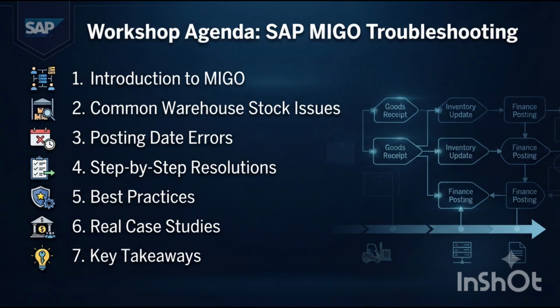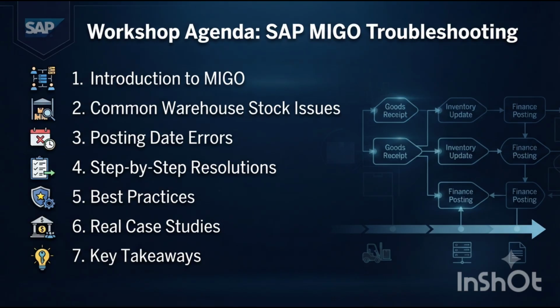We will also discuss other frequent errors, share proven best practices, and review a real-life case study. Finally, we will summarize the key takeaways. This structured approach will help you not only fix issues but also prevent them from happening again. Keep your notebook ready because we will be going through practical SAP transactions like MB51 and MMBE.